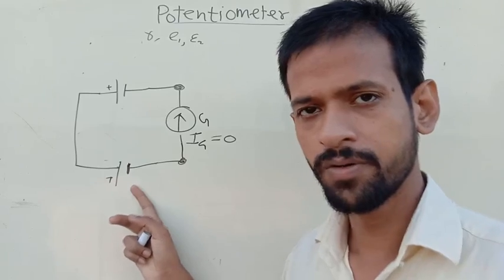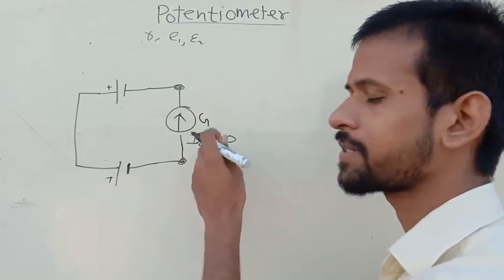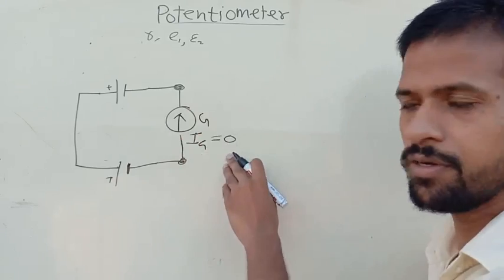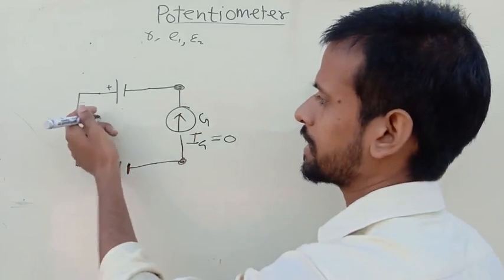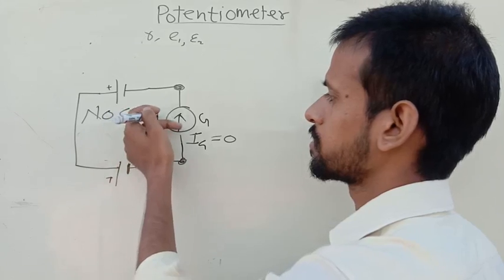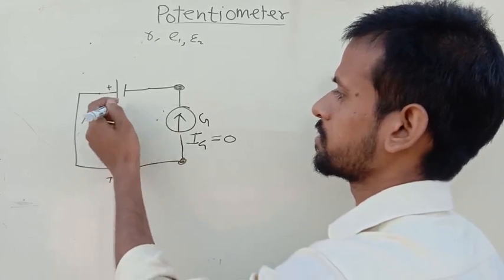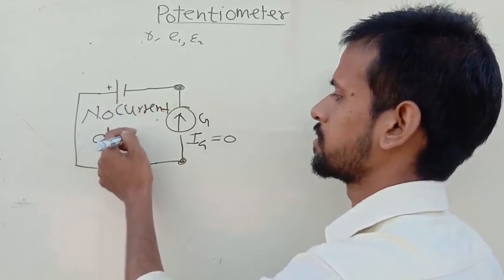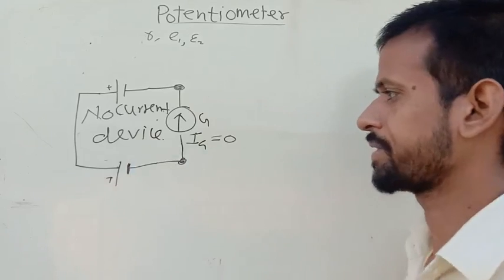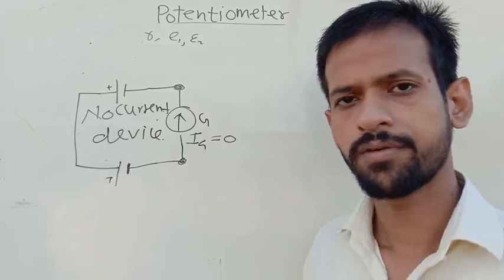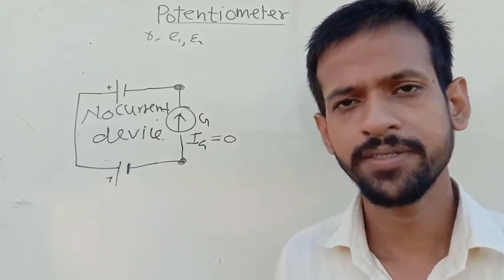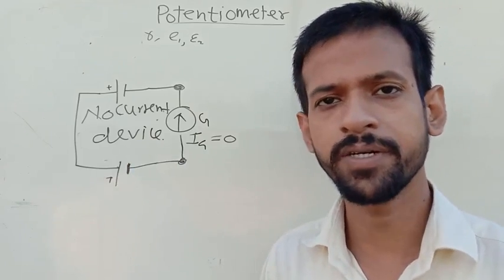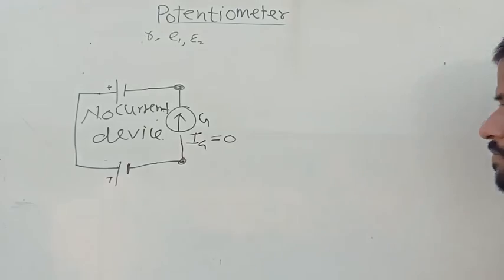So these types of device require no current. Here Ig is equal to 0, so we call this a no current device. Now for calculating the potential difference, we have a device that we call a voltmeter.